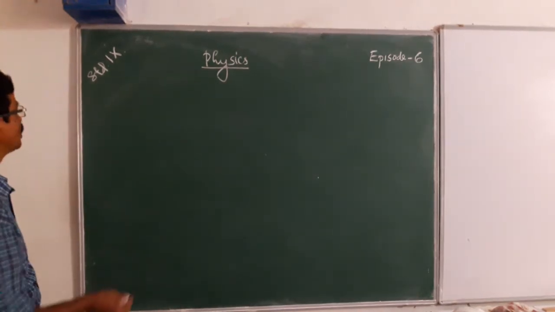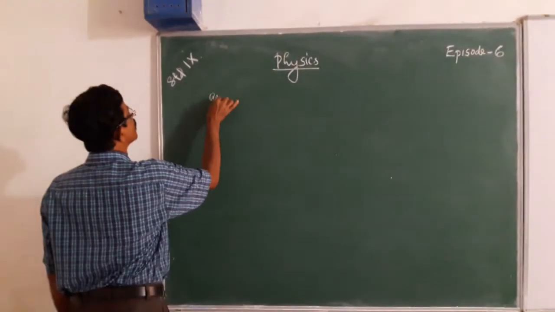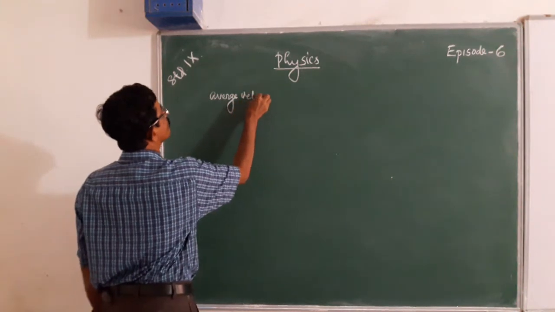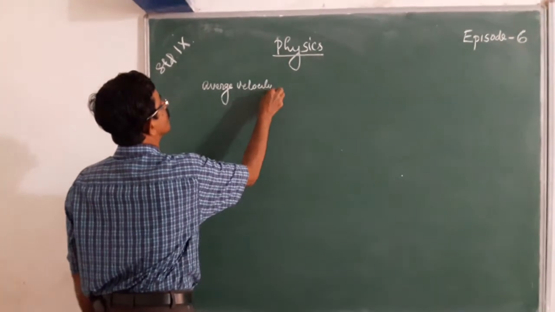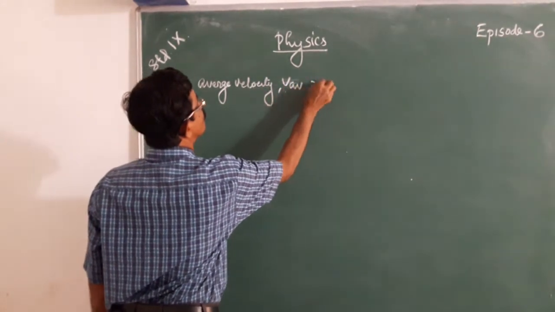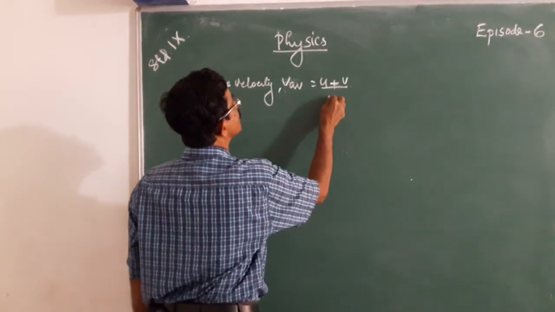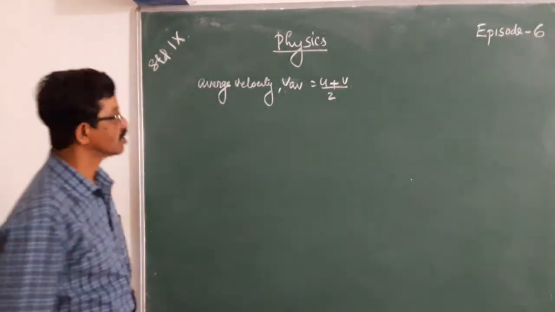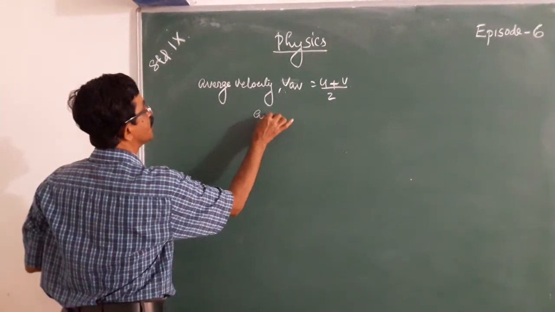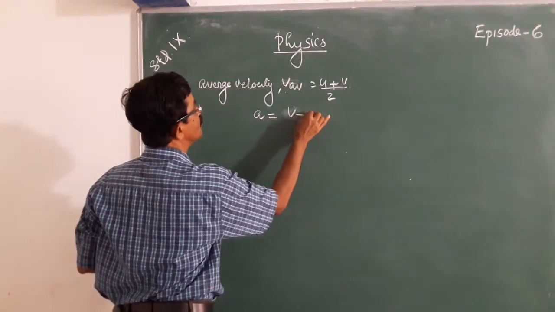The equations which we find out: average velocity, that is V average is equal to (U plus V) by 2. Then acceleration A is equal to change in velocity by time.